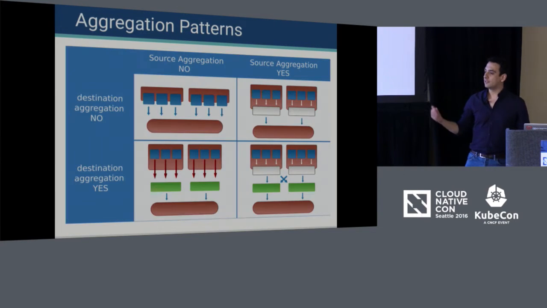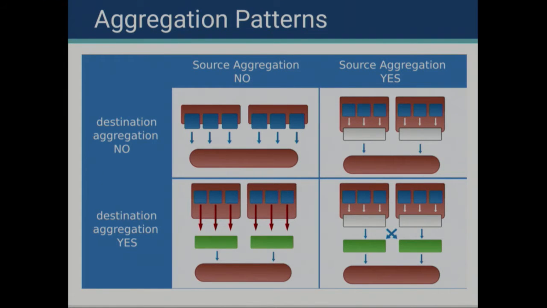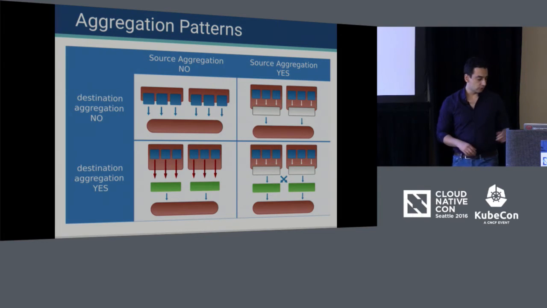So depending on this, we have different aggregation patterns. Okay? We're going to focus on each one of them and see the pros and cons. I'm not saying that each one of these will be the best case for you. Every architecture, every deployment is different because everyone has different log formats, everyone has a different load. So I'm going to discuss which one is better.